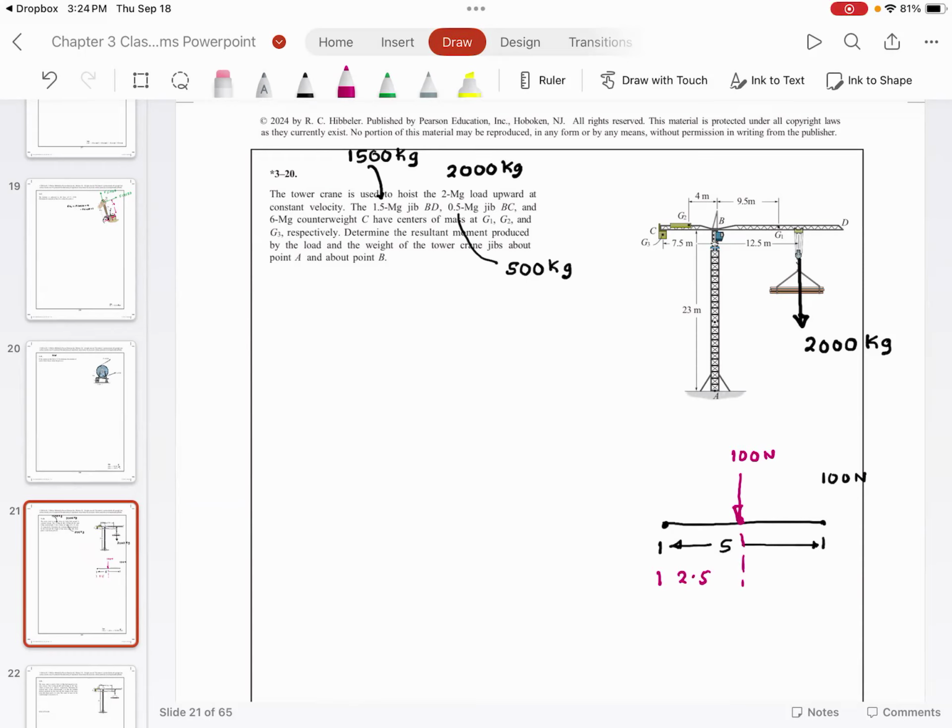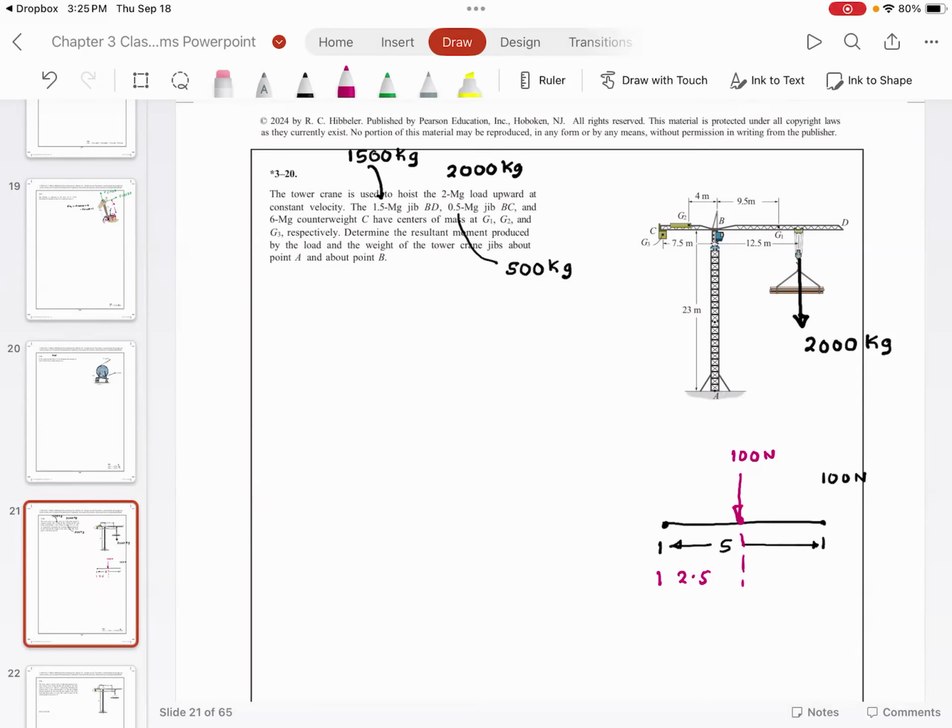Similarly, it's not clearly stated in this problem, but what this is telling us is that these centers of mass are nothing but the centroids of those respective segments. Meaning if this is the beam or that is the segment, its load is focused at the midpoint or the centroid of that segment.